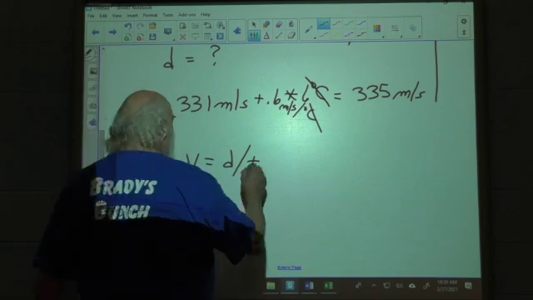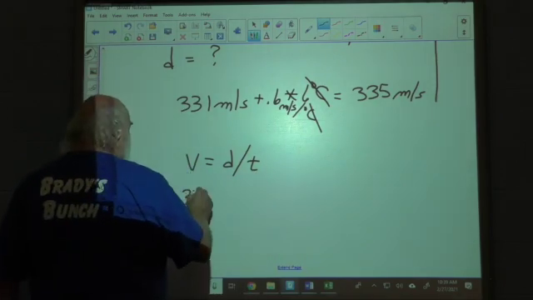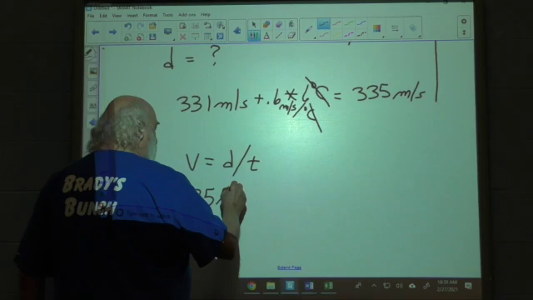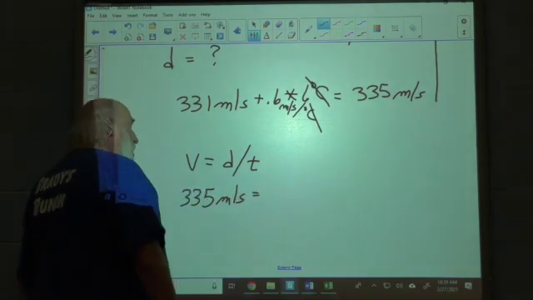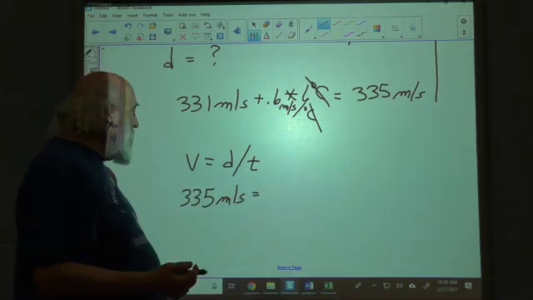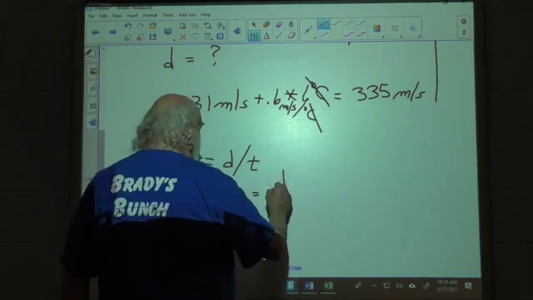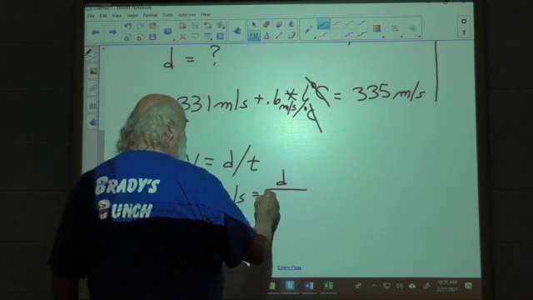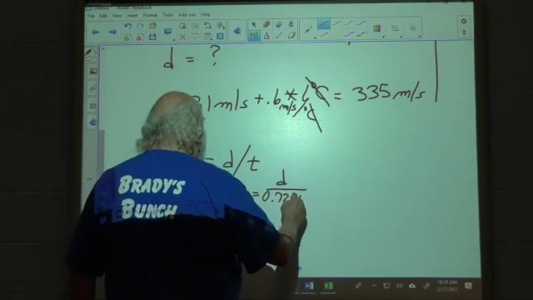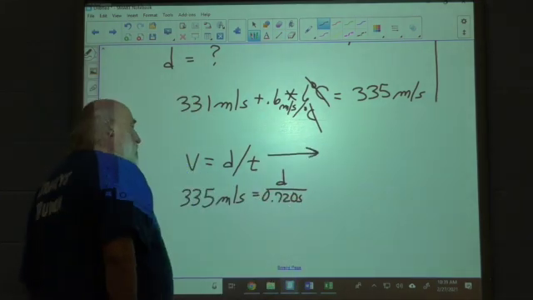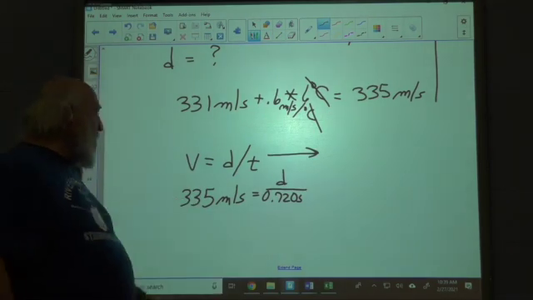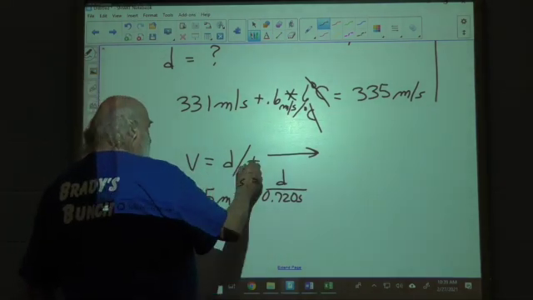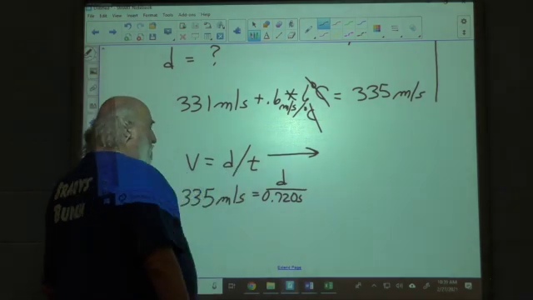All right, so we're given here 335 meters per second is equal to the distance, which is what we don't know, over the time, which we do know, 0.720 seconds.